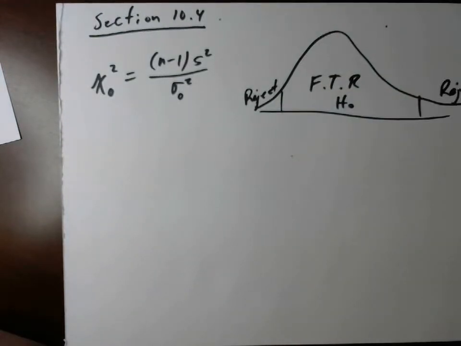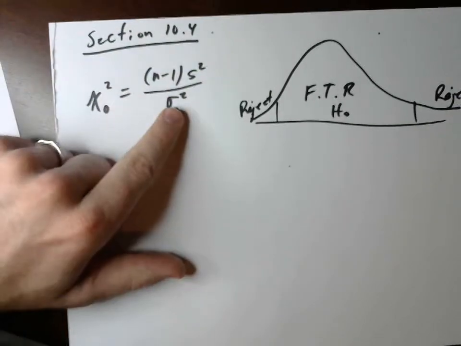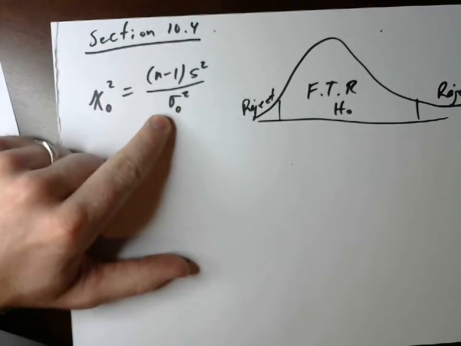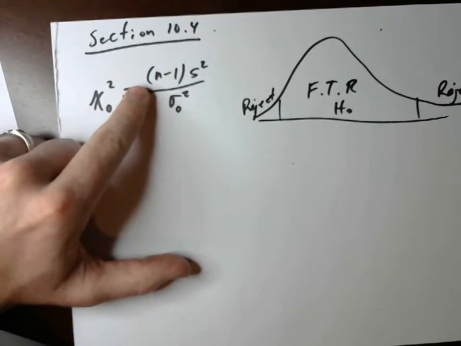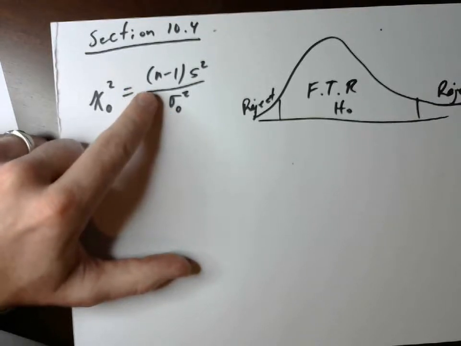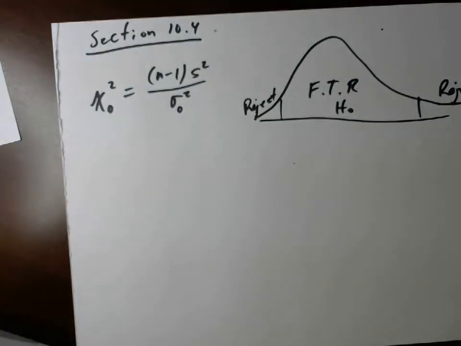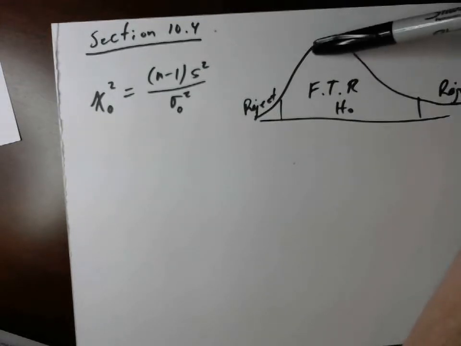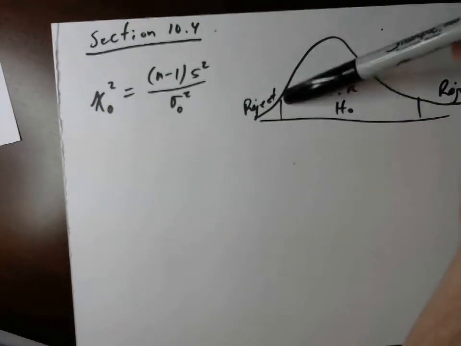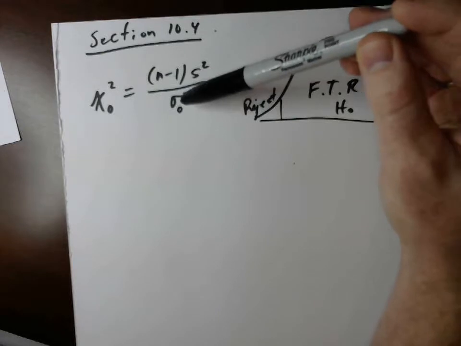So if you think about it, if S is really close to the claimed value, then we would expect to get a value really close to n minus 1. And I didn't really mention this before, but n minus 1 is really close to the center of the chi-square distribution. So we would expect to be in the center, in the failed to reject region, if this is really close to this.